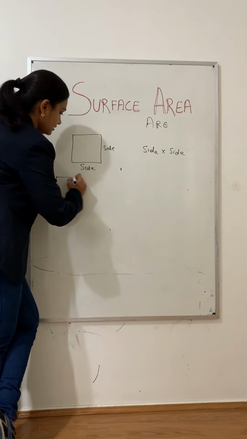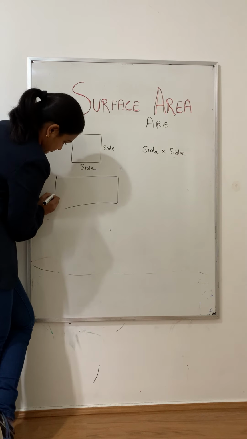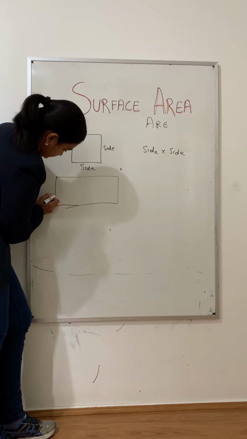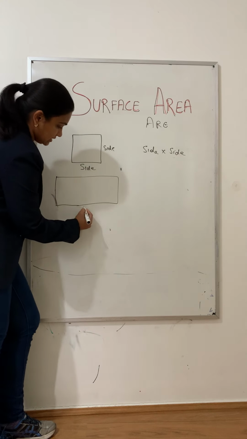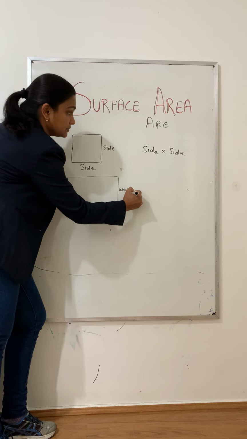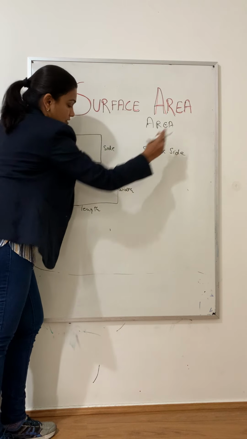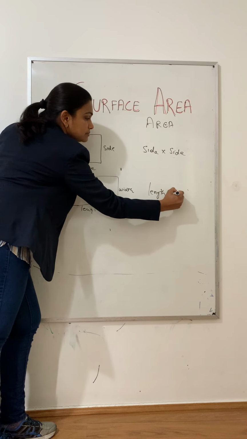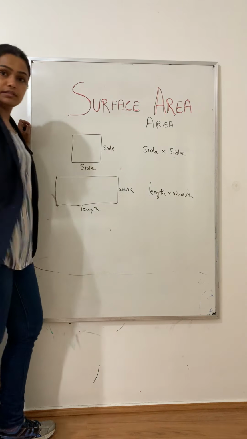Talking about a rectangle, this is length and this is width. Then the area of a rectangle is length times width.